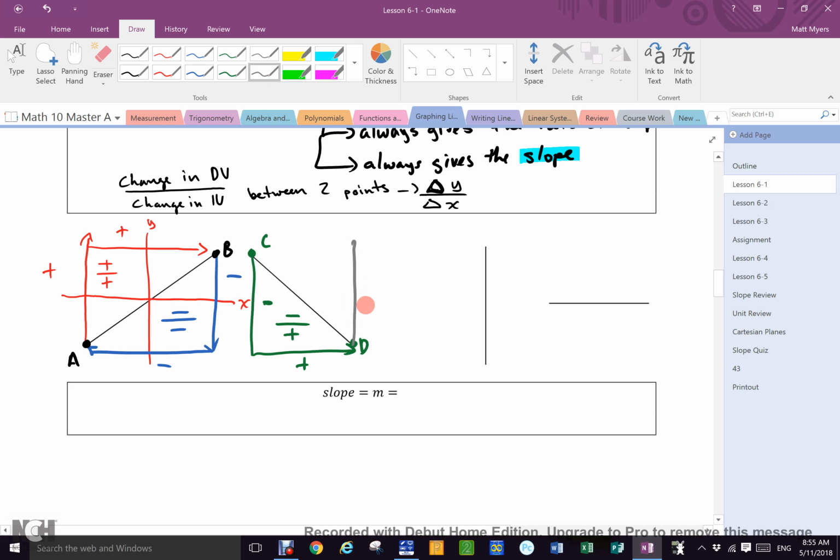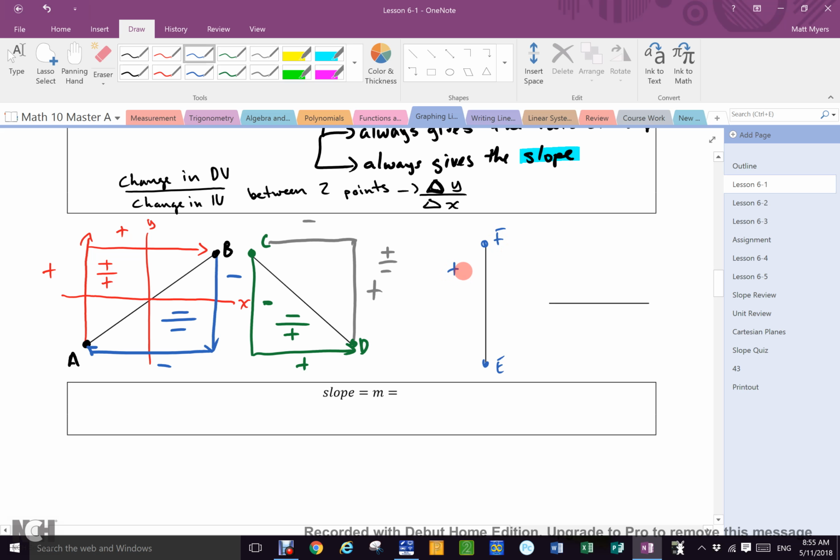What's this? And then what's left? So over here would be positive divided by a negative, which would still be negative. Is everybody good? What's weird about this one? It's straight up and down, isn't it? So if I go straight up and down to go from E to F, what's the up part?